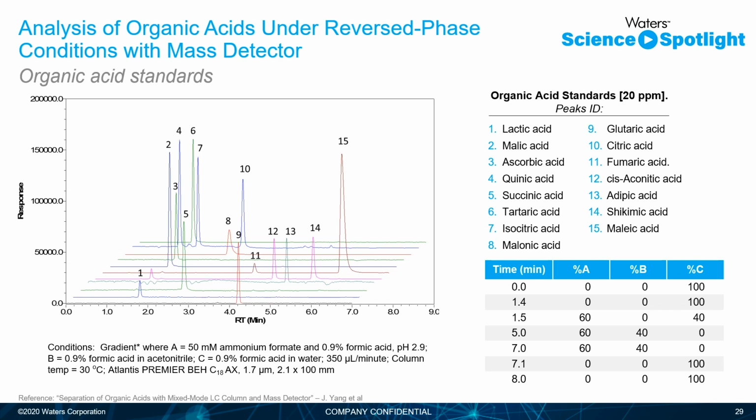Classic reverse phase can be used, but again, you often have to add maybe ion pairing reagents or something to the mobile phase to get adequate peak shape. But with this mixed mode reverse phase anion exchange stationary phase, we're able to retain and separate out 15 of these small polar organic acids with excellent peak shape and good resolution.